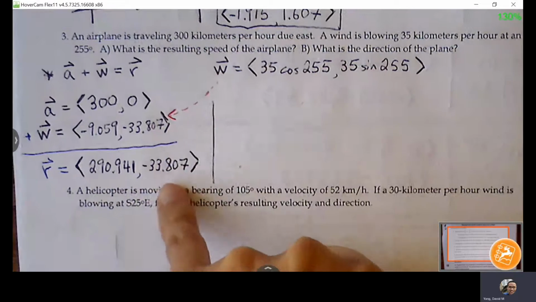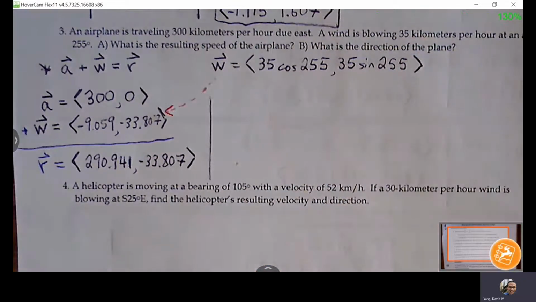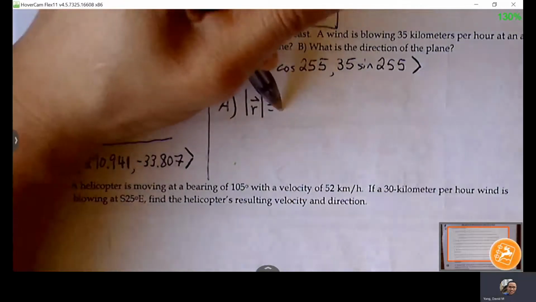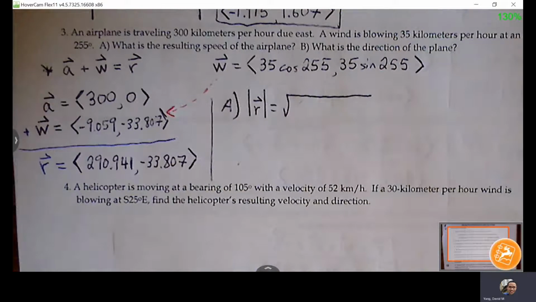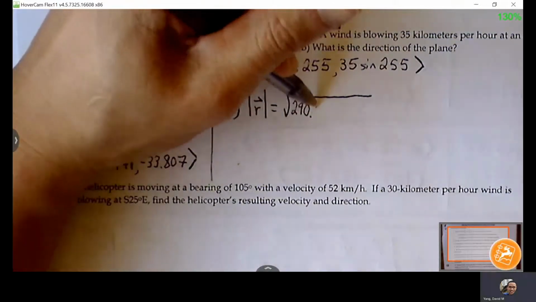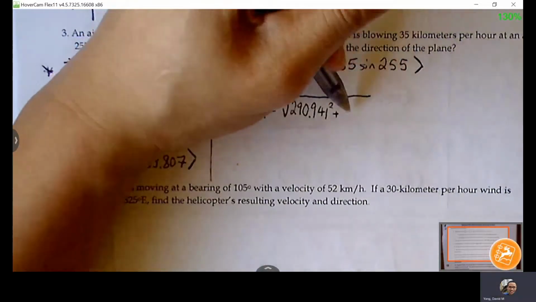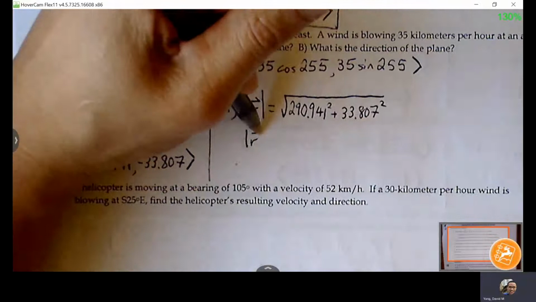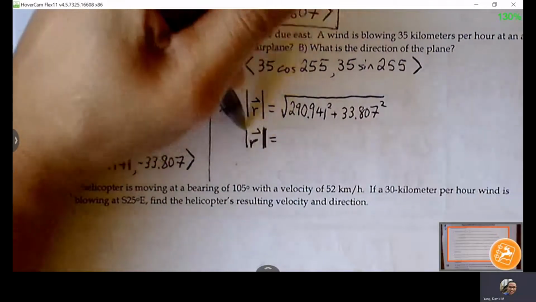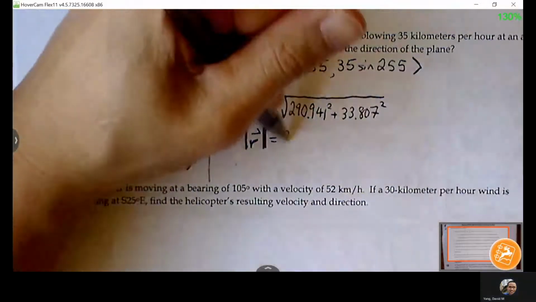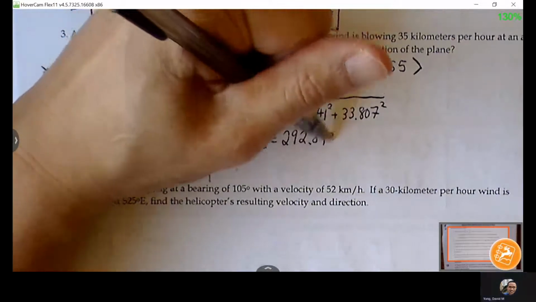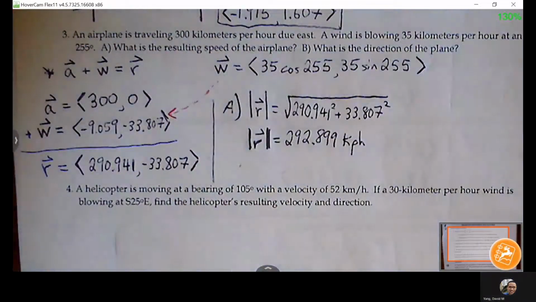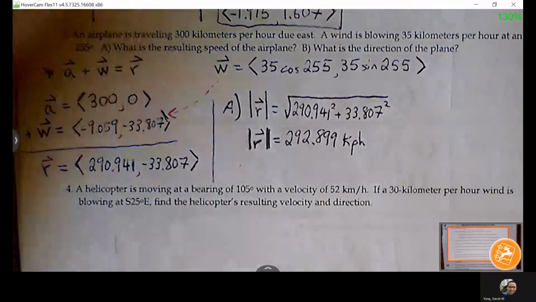Pythagorean theorem will help you get to the speed, and then inverse tangent will help you get to the direction. Okay, kilometers per hour.